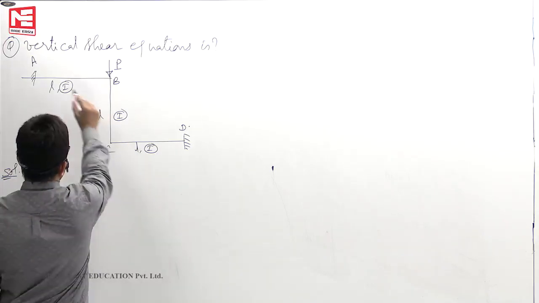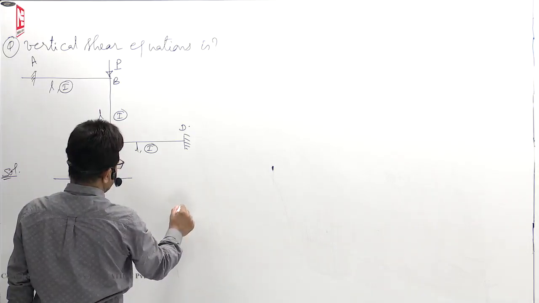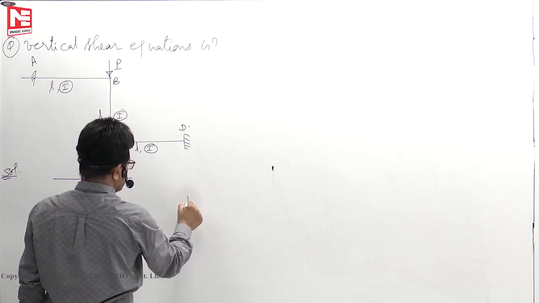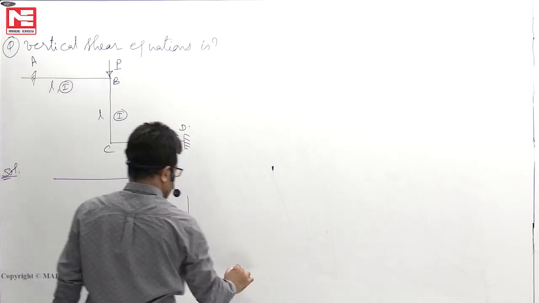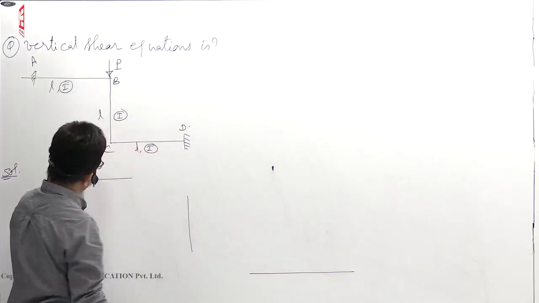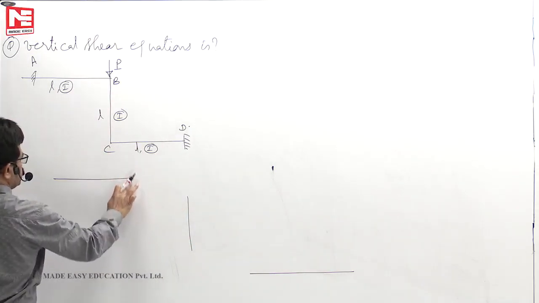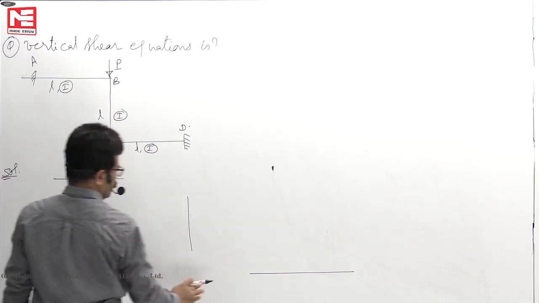Okay. Now, draw free body diagram of AB. This is AB. Next BC. Next CD. Like this. Whatever way frame is there, you will show all the quantities. Okay.